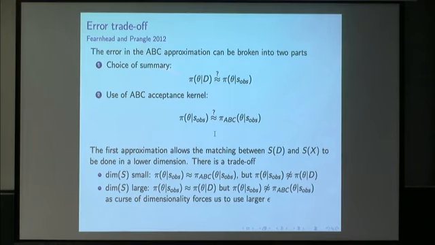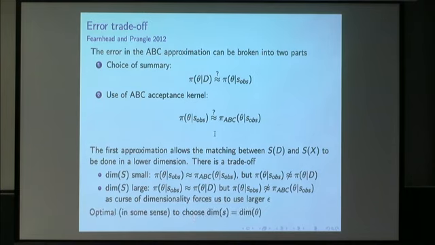Conversely, if the dimension of S is large, if we don't compress too much, this error is going to be small, because we've not thrown away too much information, but doing a search in a higher dimensional space is harder. Think of your d-dimensional haystack. Trying to find a needle in the higher dimensional spaces is harder. So that's the trade-off between these two things.